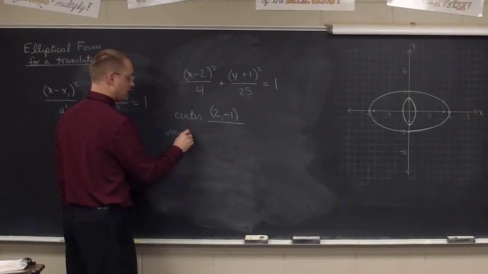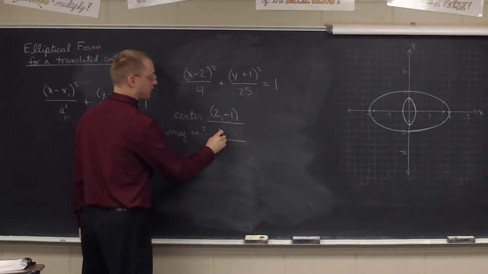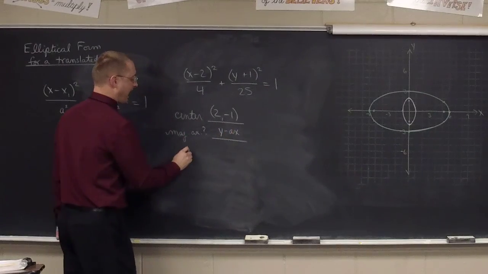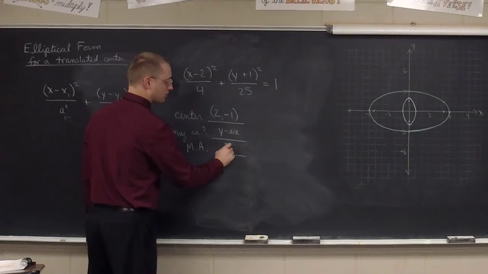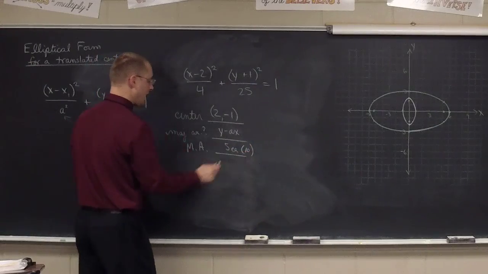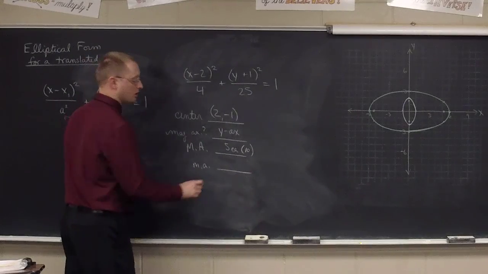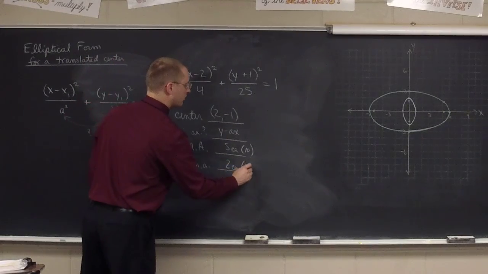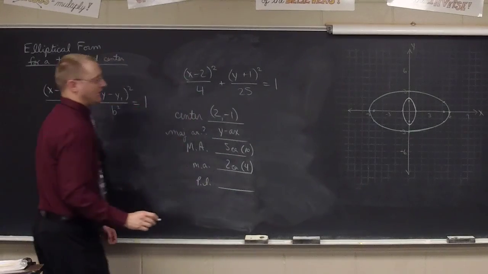Which axis is the major axis, class? Y, because it's got the bigger number under it, correct? How long is the major axis? 5 each, or you could say 10. How long is the minor axis? 2 each, or 4. What is the focal length?